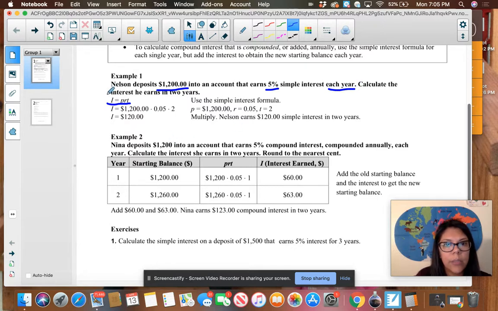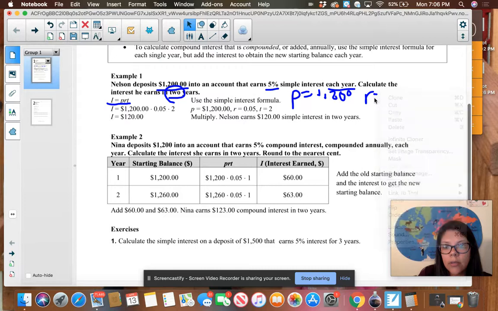Nelson deposits 1,200 into an account that earns 5% simple interest each year. Calculate the interest he earns in 2 years. Oh, I'm sorry, in this case it's 2. So P is 1,200.